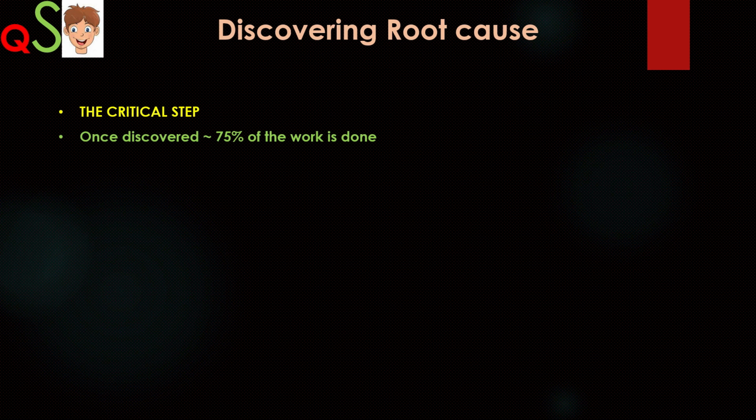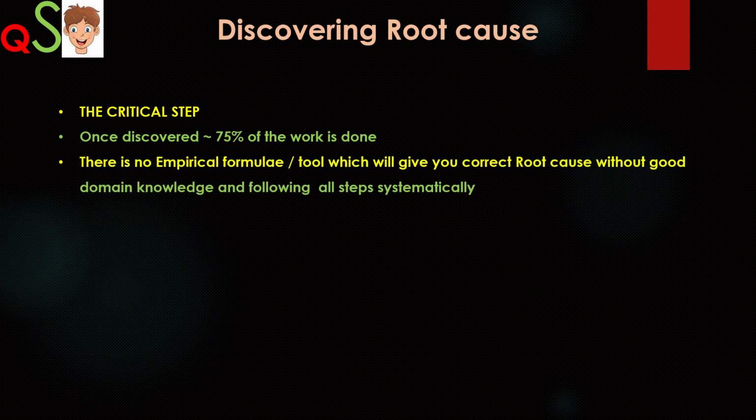Discovering root cause. Friends, this is the most critical step in this whole process of problem resolution, and once concluded would mean a major part of the work is done. There is no empirical formula or tool which will give you the root cause without following steps and using domain knowledge. Many tools help you find only the root cause, like an Ishikawa diagram. Some tools like 8D help you find the root cause, solution and close it, but they give only very broad triggers.